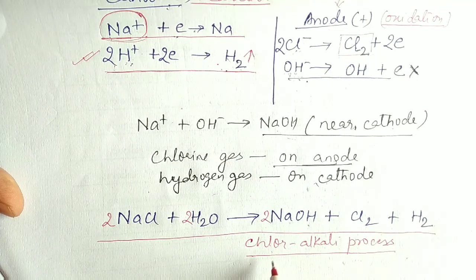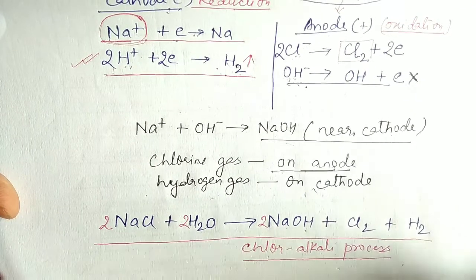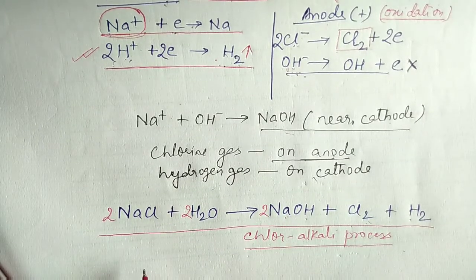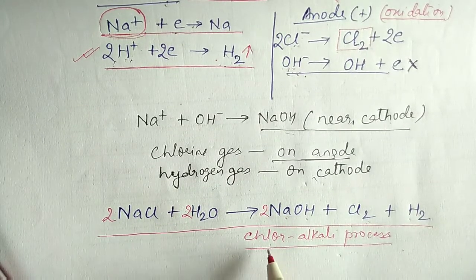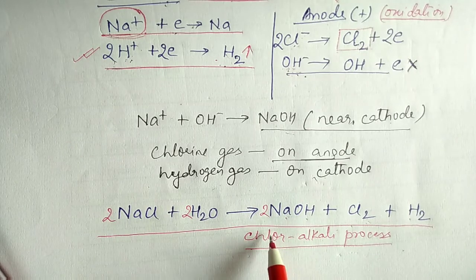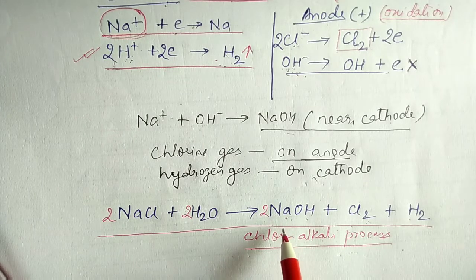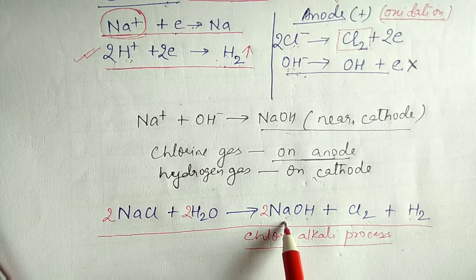Now we will see what the uses of the three are. Now we will discuss the uses of the products formed. Sodium hydroxide is used in preparation of soap and detergents. It is also used in the paper industry.